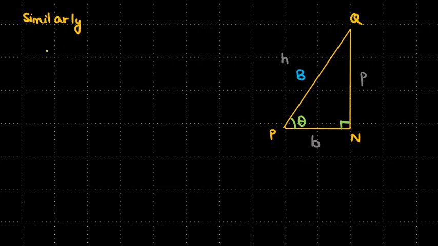So cos theta is going to be B by H. So it's base by hypotenuse, which means its base is PN and hypotenuse is PQ.